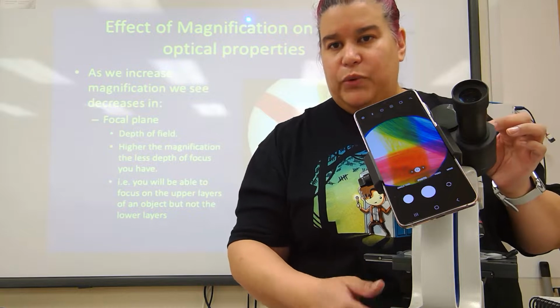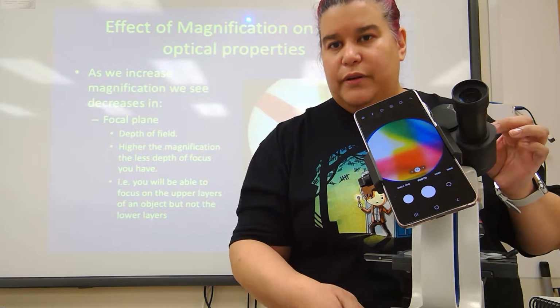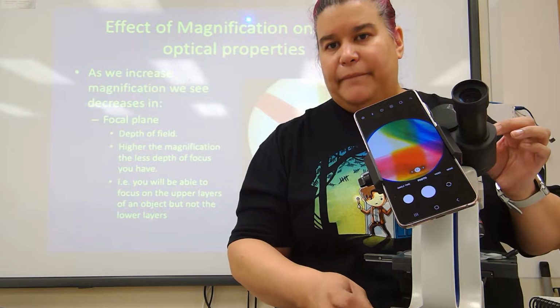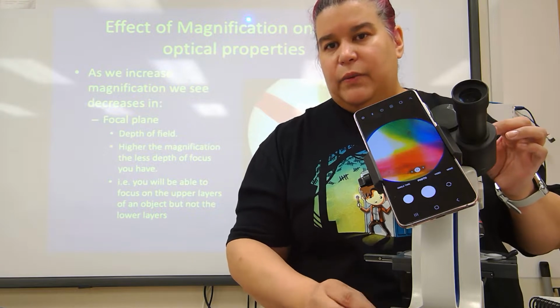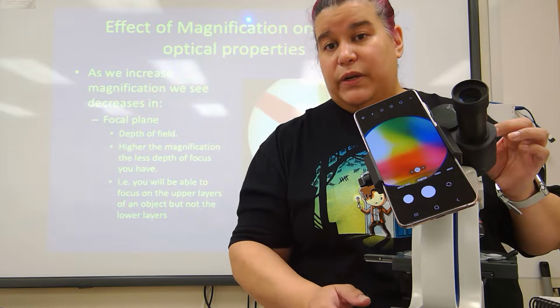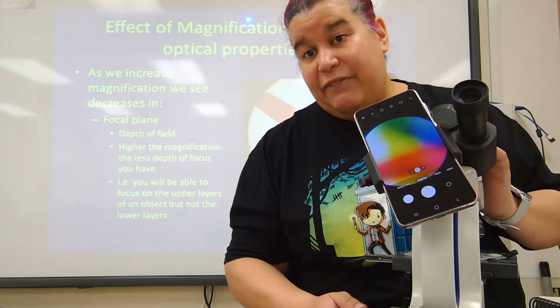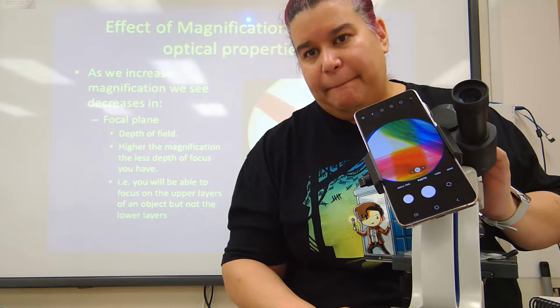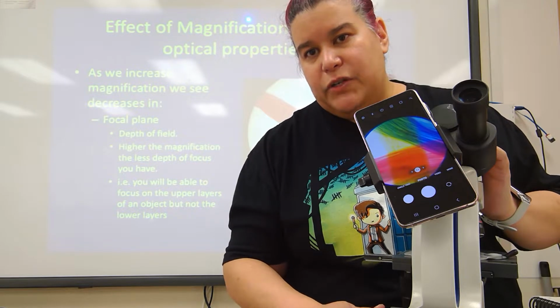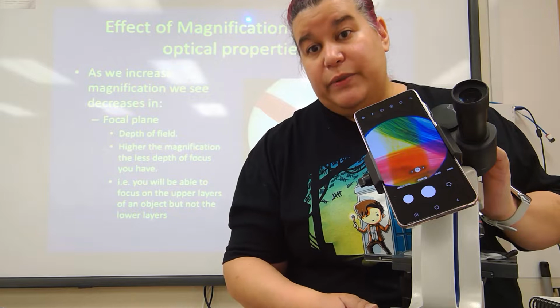And if I move, each string will eventually come into focus. If I can make it work, because my camera wants to fix it. So there the blue is in focus.